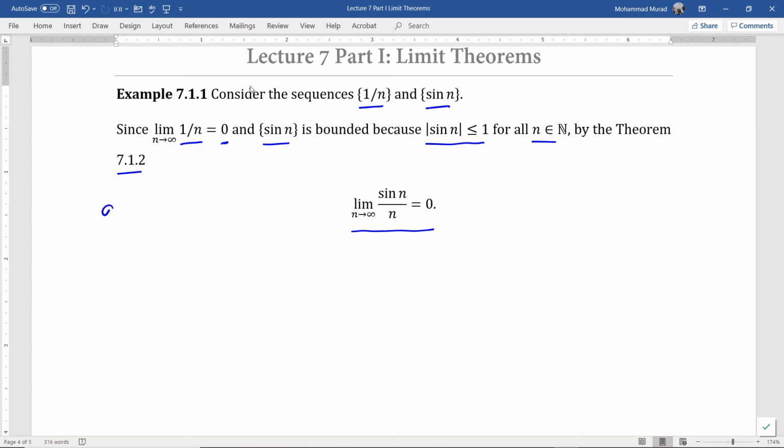So we considered a sub n equals 1 over n and b sub n equals sine of n. Since a sub n has limit 0 and b sub n is bounded, by the previous theorem the product sequence has limit 0.